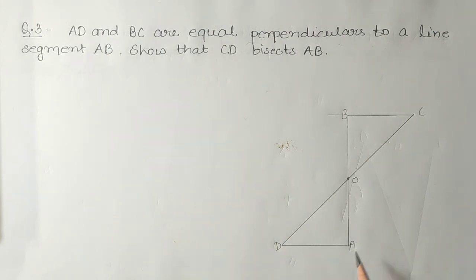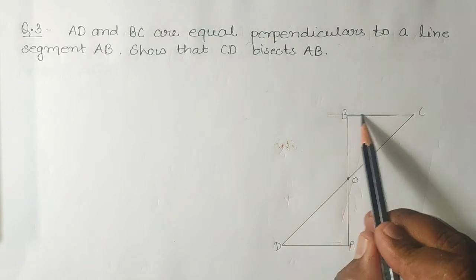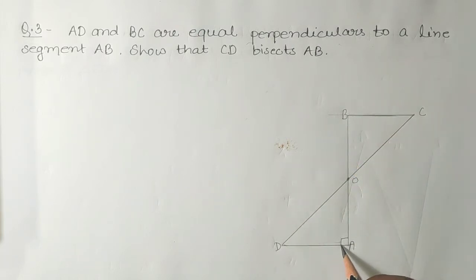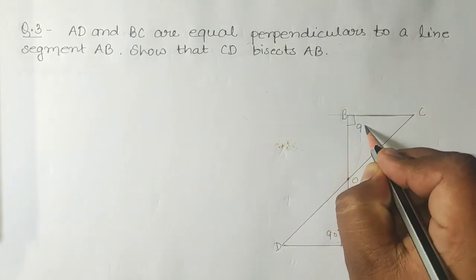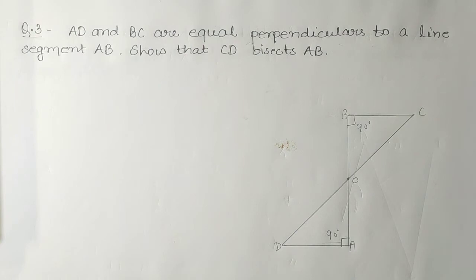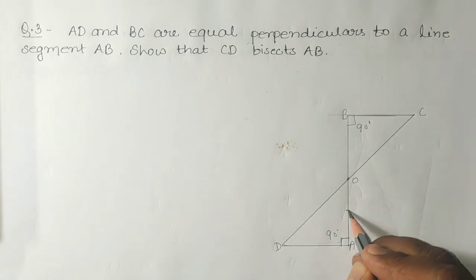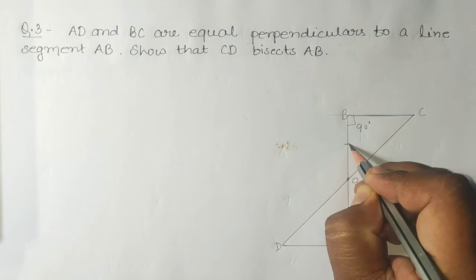Here two lines are there, AD and BC, which are perpendicular to the line AB, which means this is 90 degrees and this is also 90 degrees. We have to show that CD bisects AB. CD bisects AB means we have to show that AO is equal to BO.